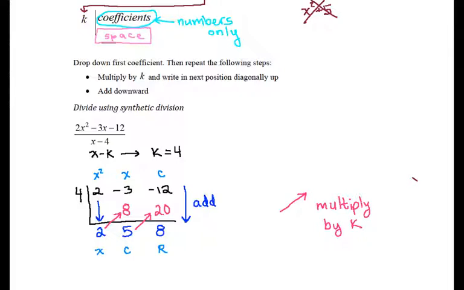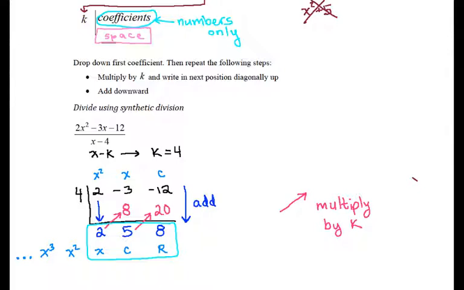If I had more terms here, the next one would be x squared, the next one would be x cubed, etc. I would just keep increasing the degree by 1 as I read off to the left. I'm only going to consider the ones I have, though, which gives me this result: 2x plus a constant of 5 with a remainder of 8.